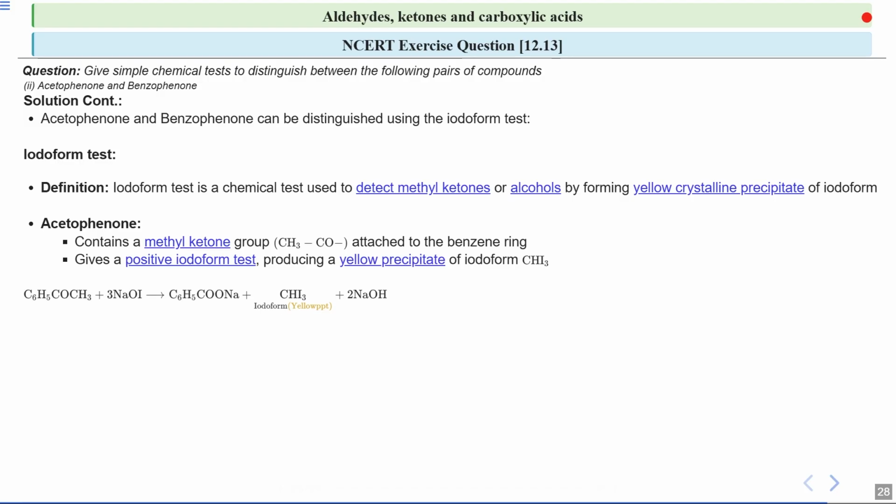When acetophenone reacts with sodium hypoiodide, NaOI, a yellow precipitate of triiodomethane is formed, which confirms the presence of a methyl ketone.